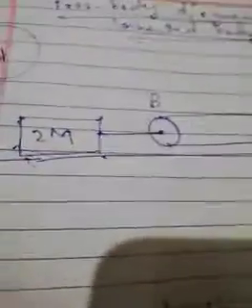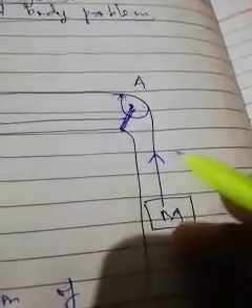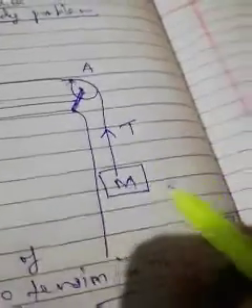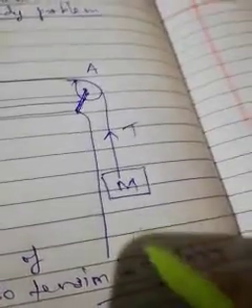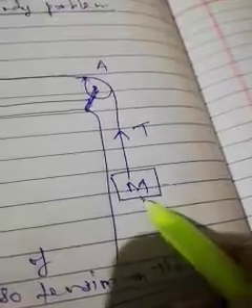How to solve this type of question? On the basis of a free body diagram, and we apply Newton's second law of motion. Here we can see if the tension in the string is T, that is acting in the upward direction, and the weight of the body mg will act in the downward direction.